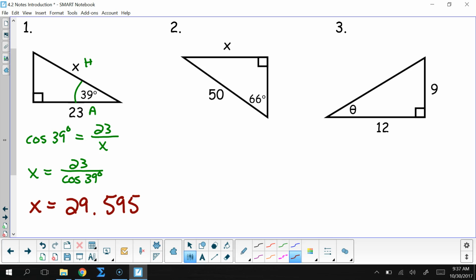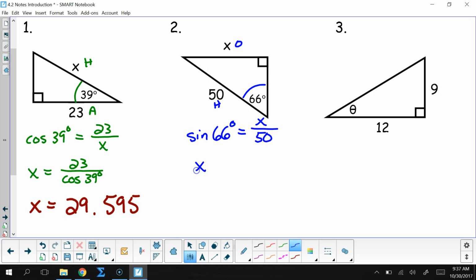Okay. Here then, I would be there. That means this is my hypotenuse. That's my opposite side. So then the sine of 66 degrees is equal to x over 50.